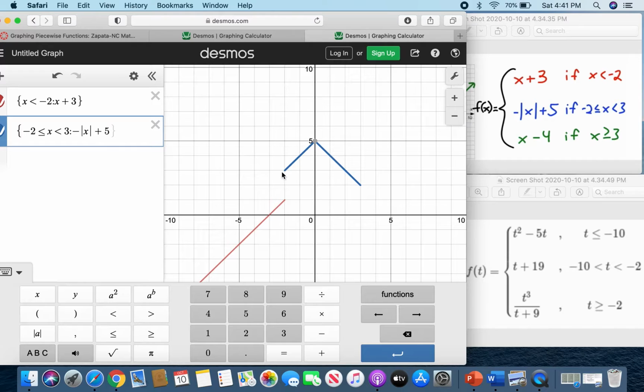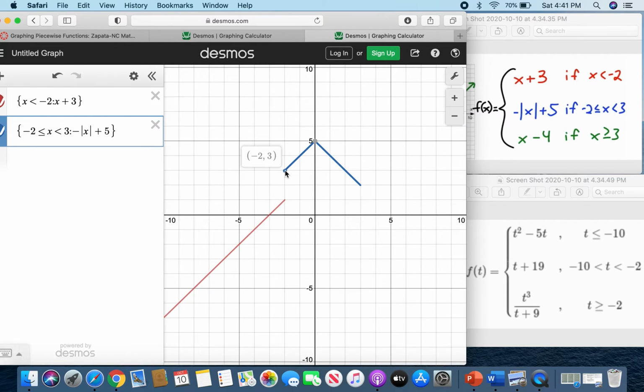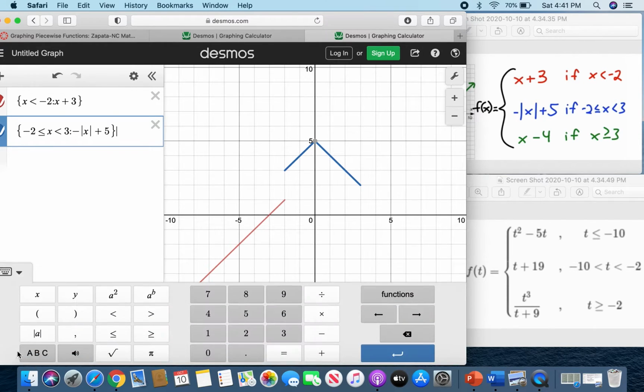So that's the graph. The condition is x is greater than or equal to -2. It's defined here, but it's not defined here because at 3 it's less than, and it doesn't include 3, so it's undefined here. There's supposed to be a hole here, although it doesn't show.